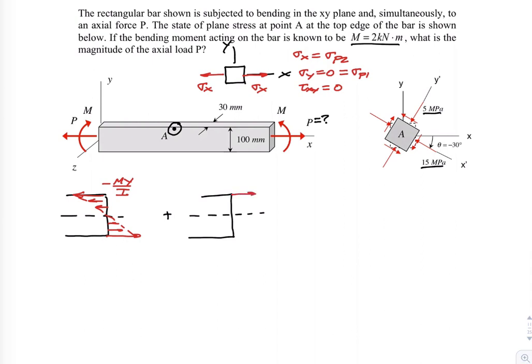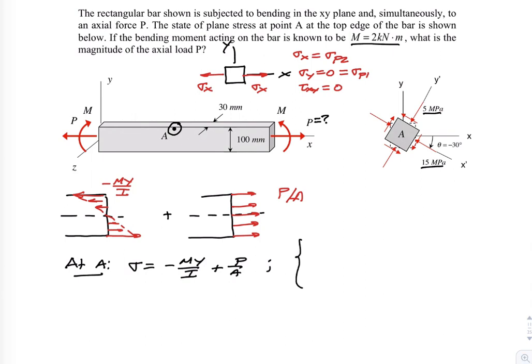And we add on an axial component stress, which is constant across the cross section. So that's given by P over A. What this means is that at point A, we have that the normal component stress is minus My over I plus P over A.